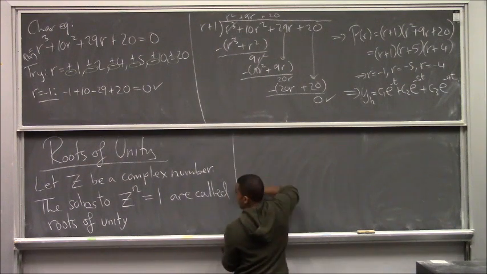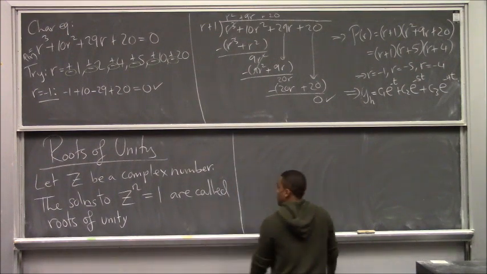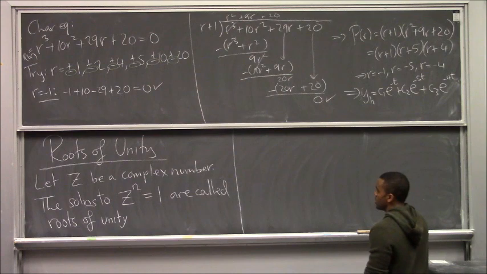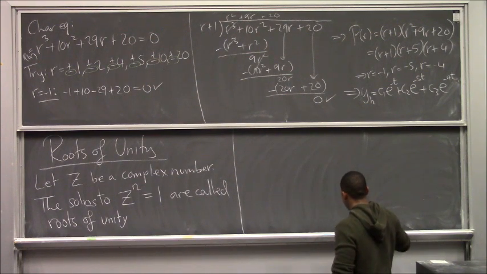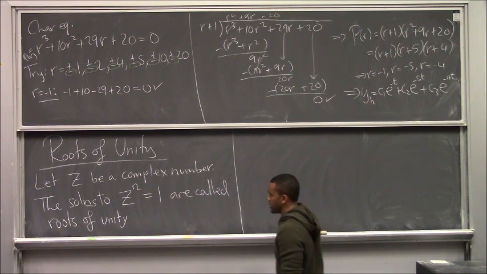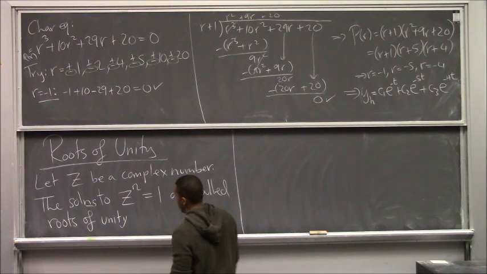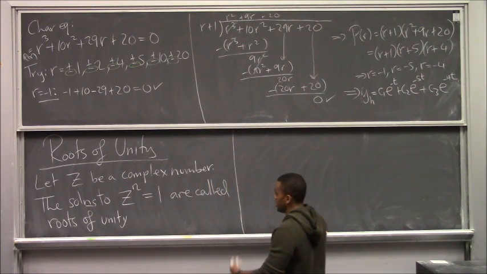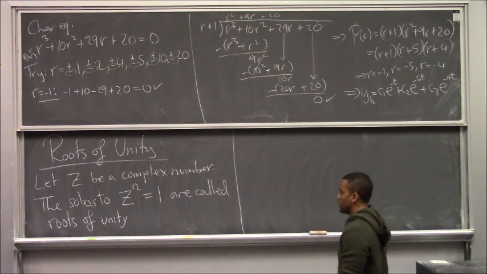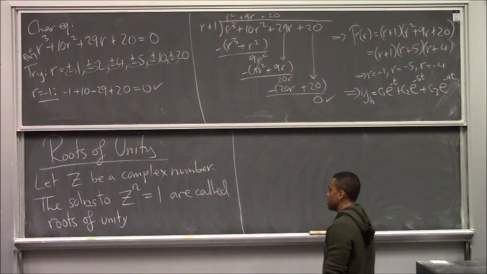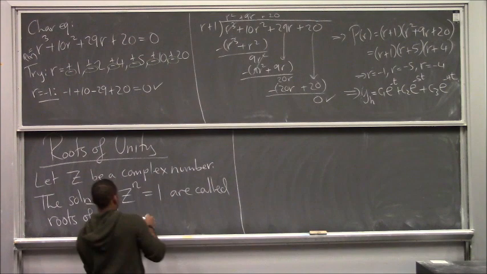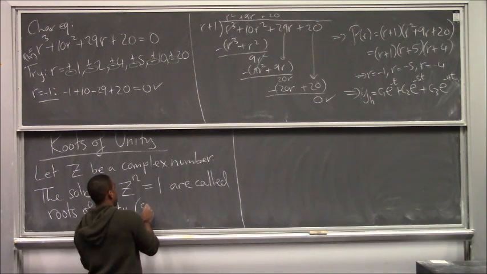Now, sometimes that is going to be easy to find. If your z is, for example, the real number 1 and your n is 2, then your z will be plus or minus 1. And that will give us all solutions. And notice, 1 is a complex number. Yes, it is, with imaginary part 0.